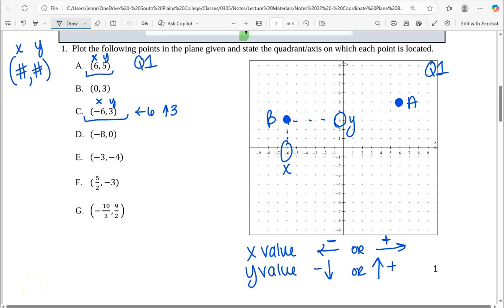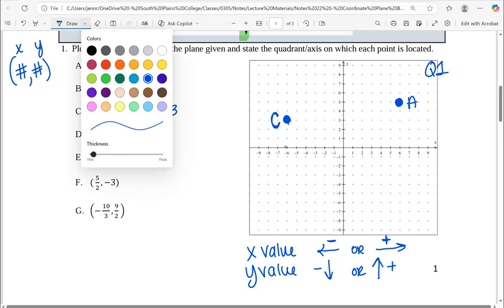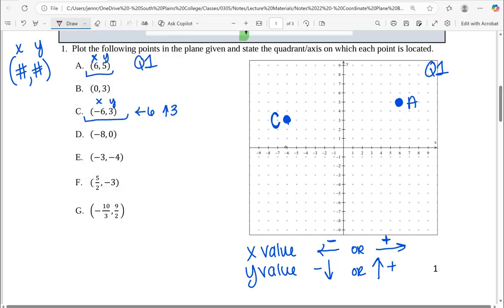All right, let's back up and try that one we skipped. For B, oh, I labeled that wrong, y'all. Sorry, we had graphed C. This was point C. So to back up here to B, notice that something kind of different is going on. It gave me an x value of 0.